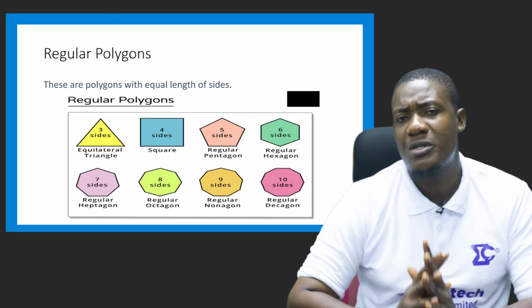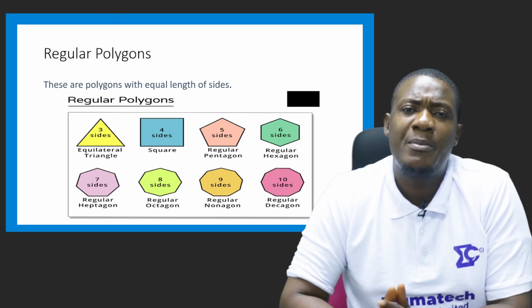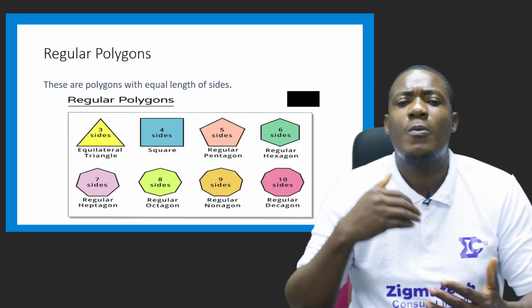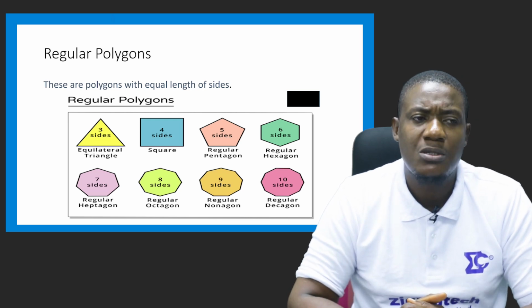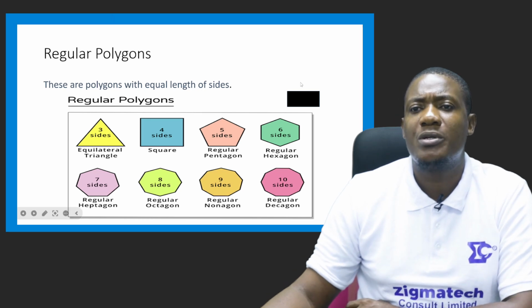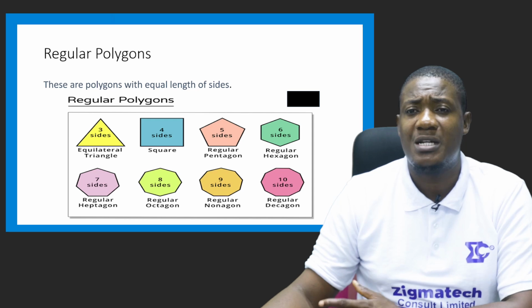We also have another type of polygon that we call irregular polygons. They are called irregular polygons because they don't have equal sides, they don't have equal angles, so they are irregular. All right, so even the orientation of a polygon can also classify it as irregular.